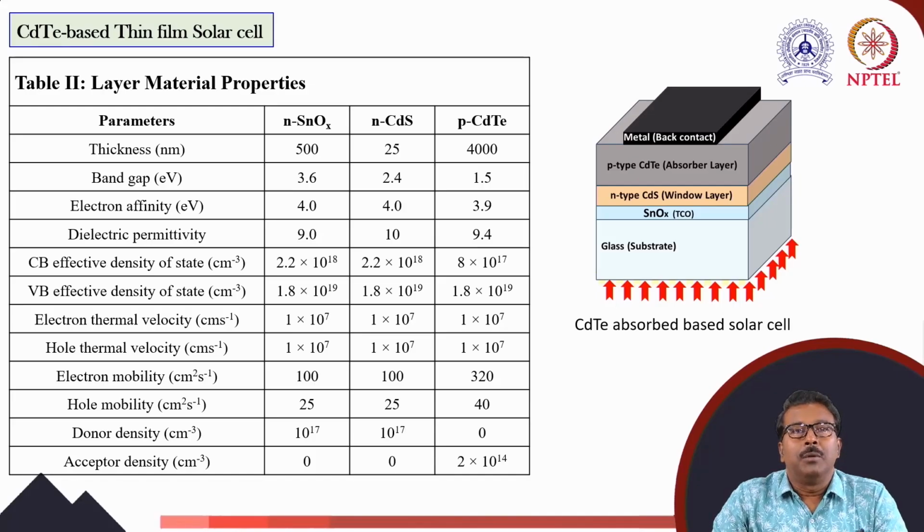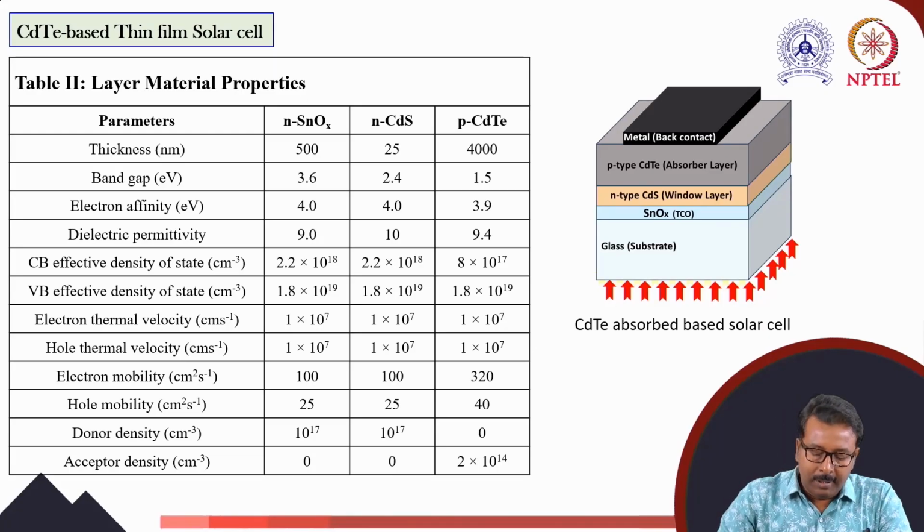Here, if you observe, there are some parameters which are related to the interface defects. Thermal velocity, hole thermal velocity, electron thermal velocity, mobility, these are a bit related, but actually the defect density at the interface is not mentioned here.